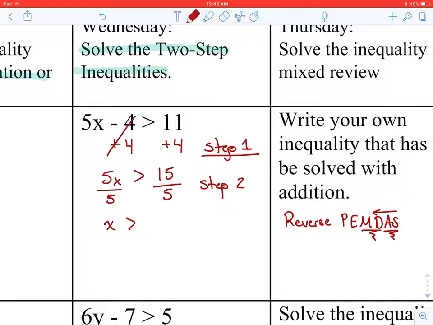It's still a greater than. And then 15 divided by 5 is 3. And so that leaves me with my final answer after those 2 steps. This is why we call it two-step inequality, that x is all values greater than 3.